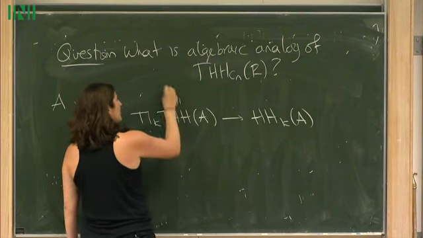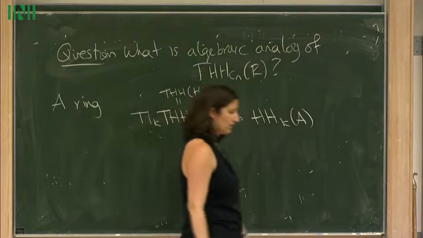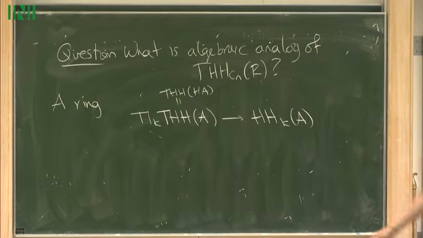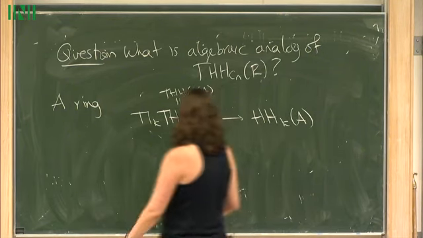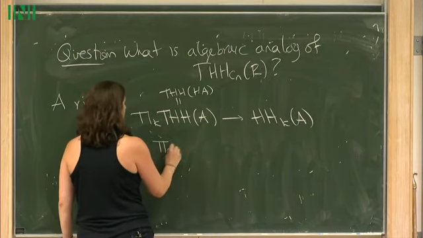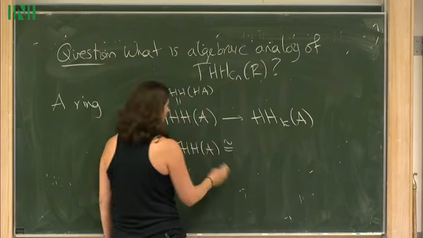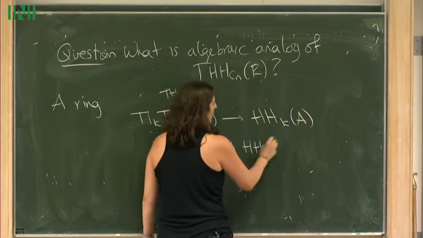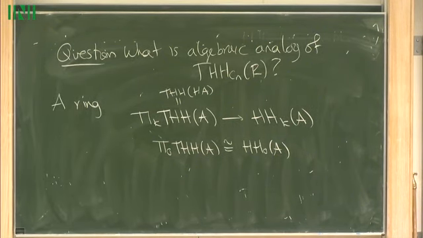And remember that THH of A is really THH of the Eilenberg-MacLane spectrum of A. It's just notation. So we had this map, called linearization. And the thing that I didn't mention earlier is that this map is an isomorphism when k is 0. So on pi naught, we get an isomorphism from pi naught of THH to the 0th Hochschild homology of A. Okay, so those are some classical things.